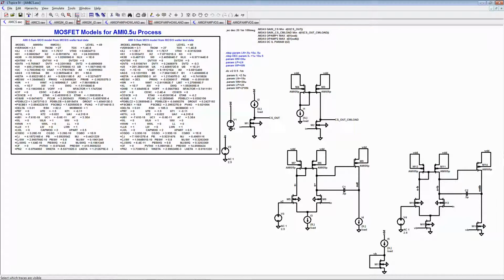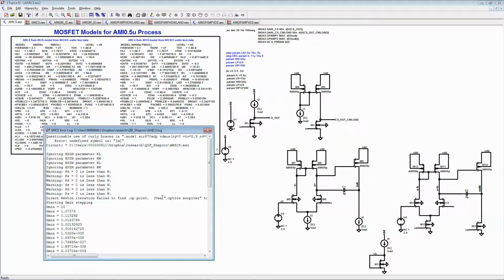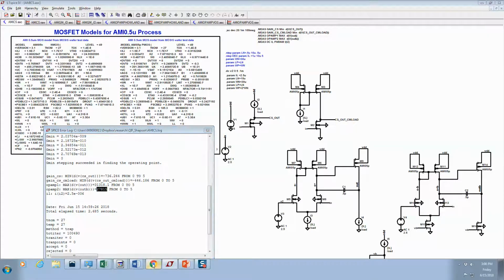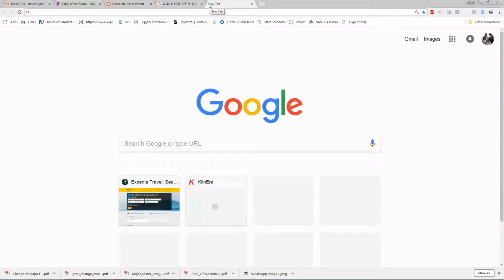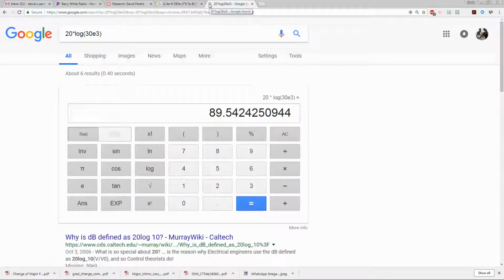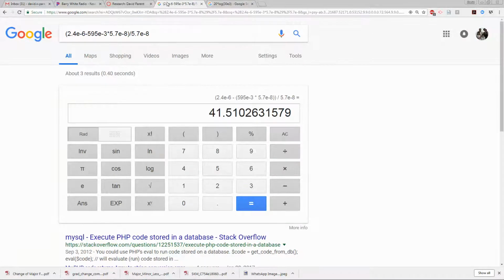And that gave us almost a gain of 30,000. Which, you know, is 89 or 90 dB, right? Which is pretty darn good.